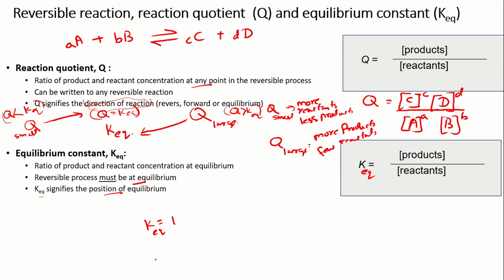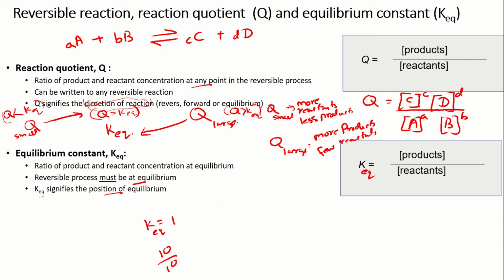For example, think numbers. If you divide 10 by 10, what will you get? You get 1. So that means if the product and reactant ratios are in equal amounts, you will achieve this Keq equals 1 situation.